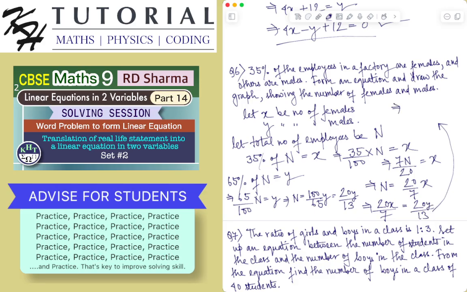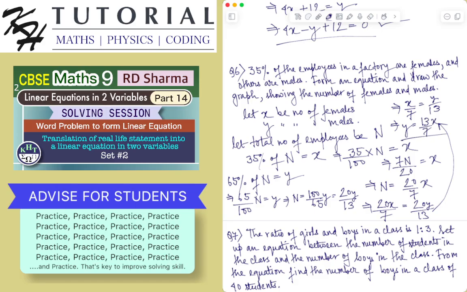Dividing both the sides by 20, we have x by 7 is equal to y by 13. Doing cross multiplication, we can say y is equal to 13 by 7 into x. So y equals 13x by 7. This is the linear equation in x and y.